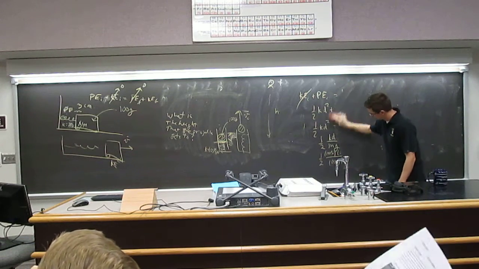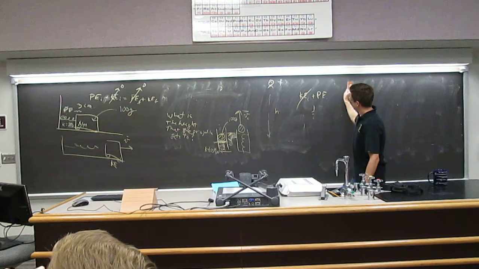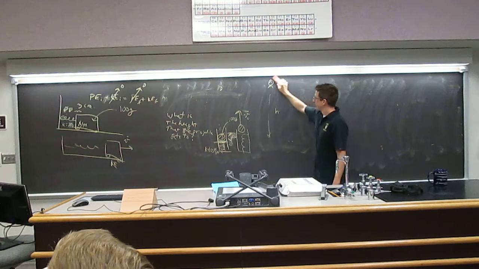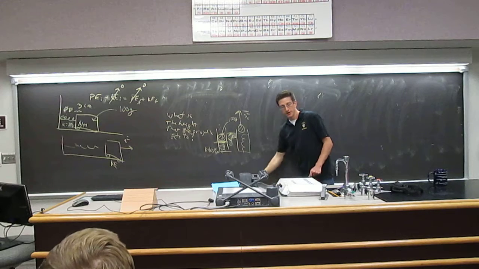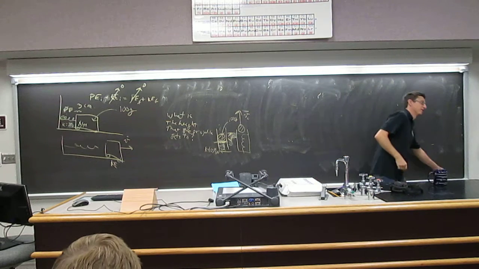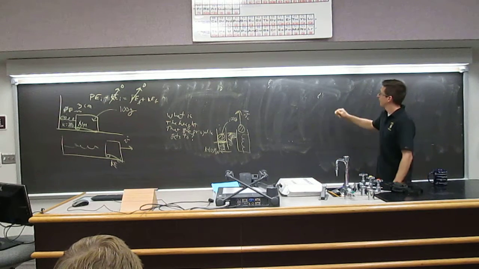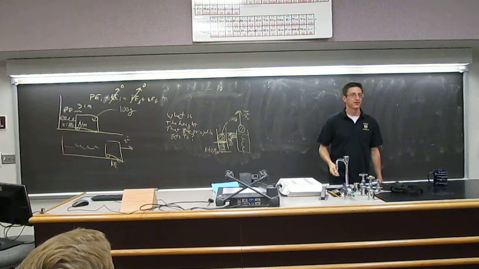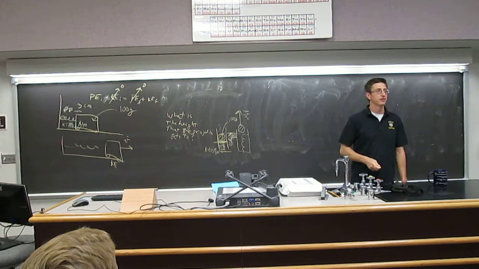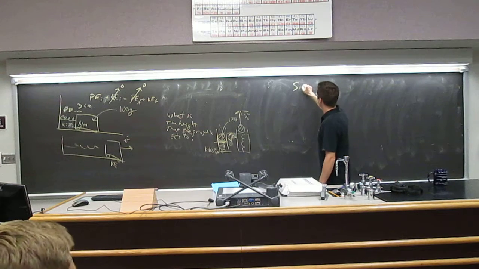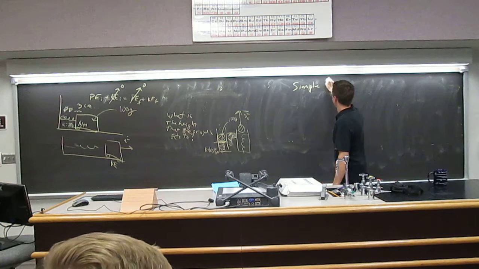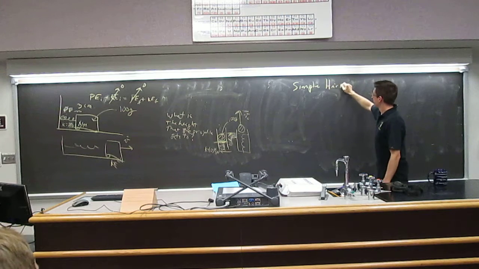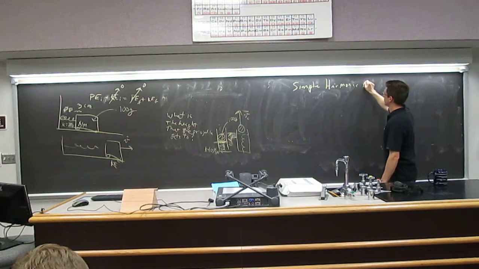All right. Well, now we better talk about simple harmonic motion. So this is what the chapter is about after all, but we have to understand springs a little bit. So, simple harmonic motion.